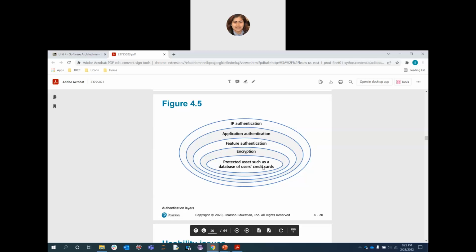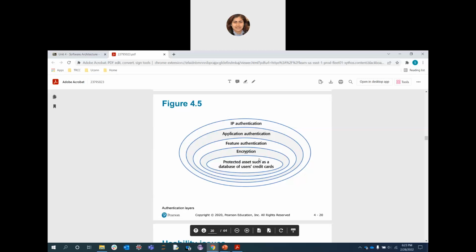There may be a protected asset such as a user's credit card. If that credit card is used for some type of purchase, then someone who is about to hack it has to go through all these layers. These layers of protection are very important for system security.